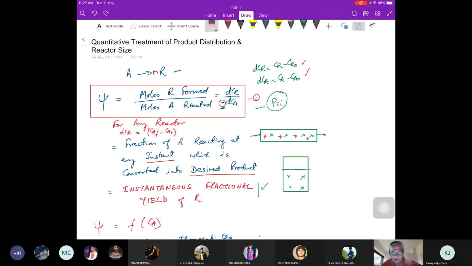But doesn't really matter. What we are looking at is कि कितना R form हुआ, कितना A react हो गया. Yeah, in this case, if it is A goes to R really, then yeah, it will be 1. In that special case, yes, definitely it will be 1, which you are saying above, but not always. ठीक है?